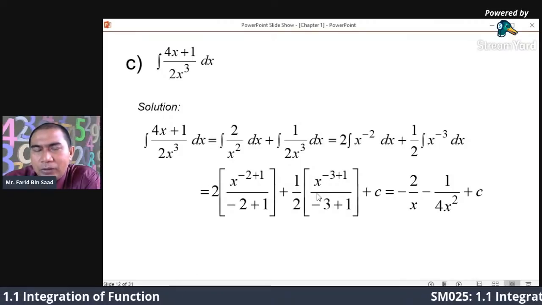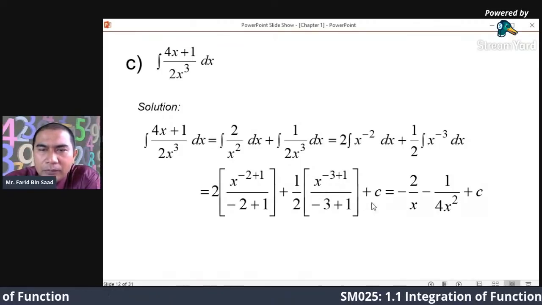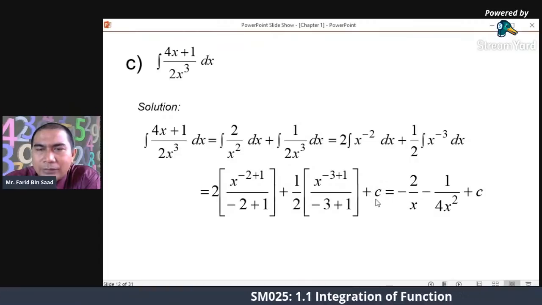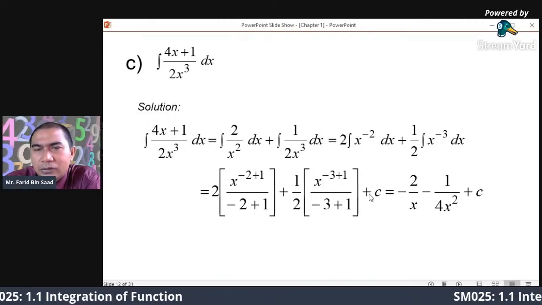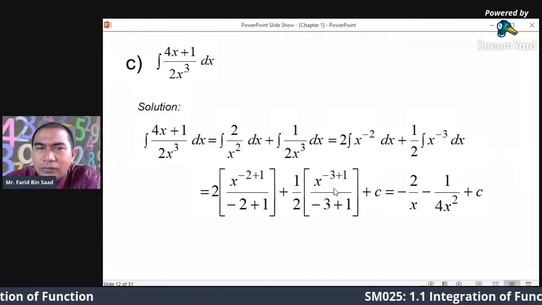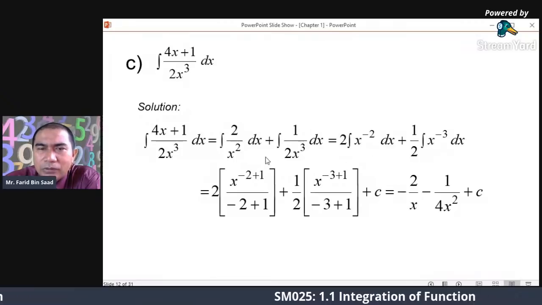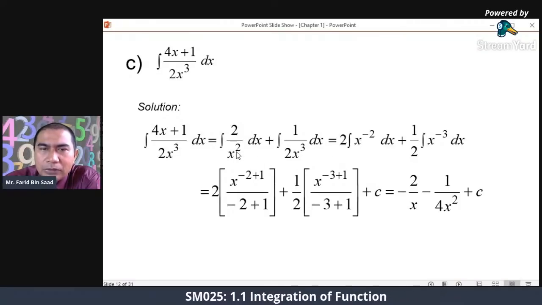And then please remember that we only put one c, one constant here. Plus c, not 2c. There's only one c, even though we have to integrate 2 terms. For example, this one, we have separated it into 2 terms, this term and this term.